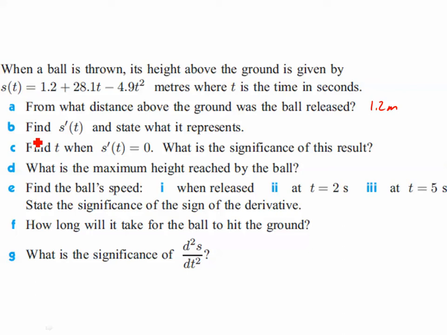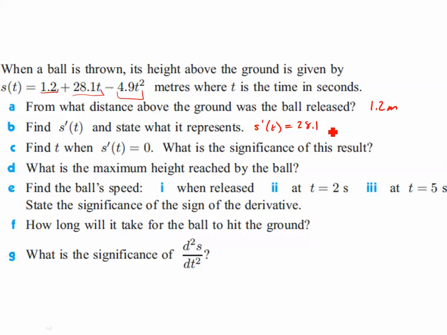All right, now find s prime of t and state what it represents. So if we take the derivative, I take the derivative of this part. Remember, the pluses and minuses mean I can do these pieces individually. And so 1.2 is a constant, it's going to go away. So s prime of t equals, and then this has a 1, so I'll bring it in front, making it 28.1.